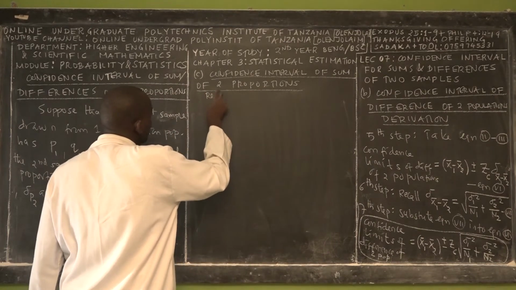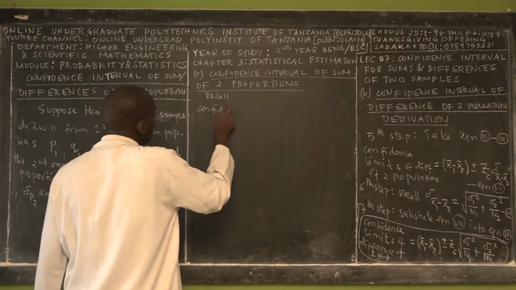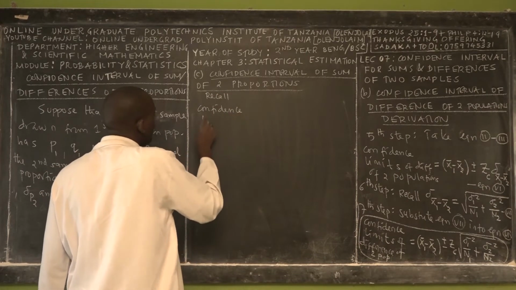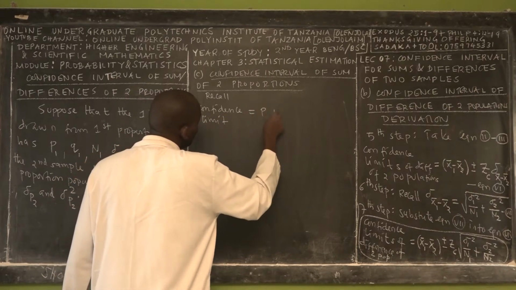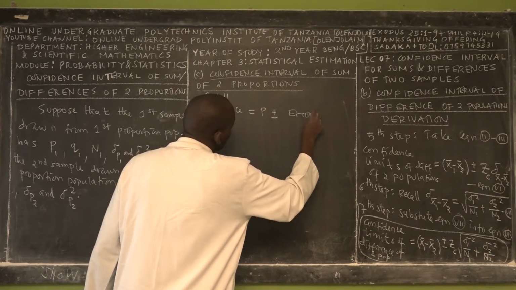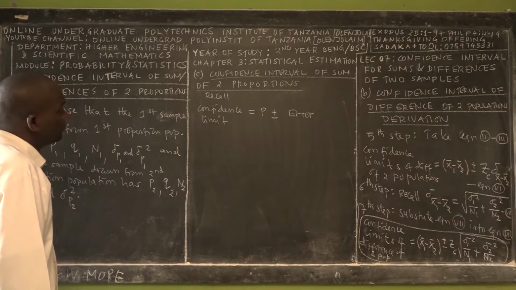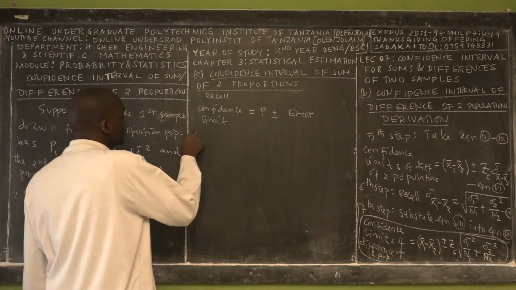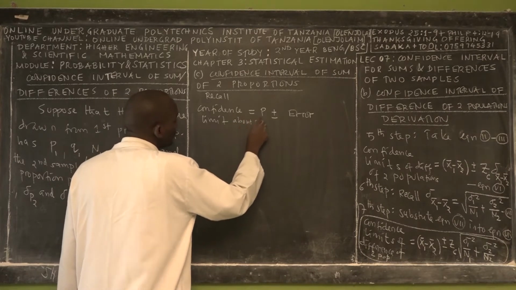Recall what I've taught you in lecture 6, that the confidence limit is equal to the probability of success plus or minus error. So how many samples do we have? In this case, 2 samples. So you say confidence limit. This is about proportion.